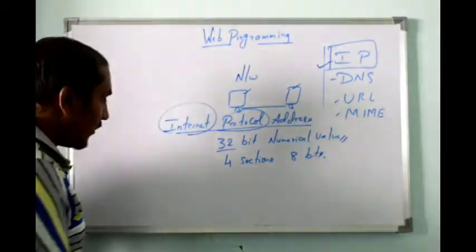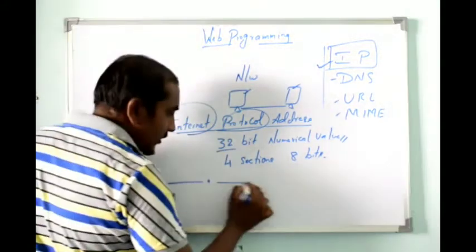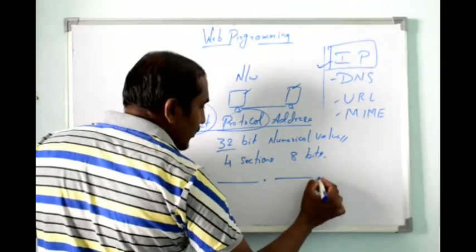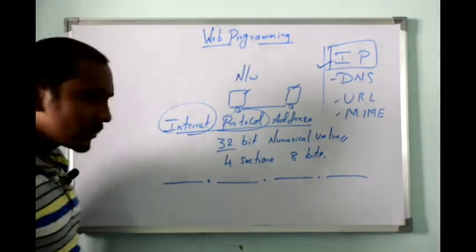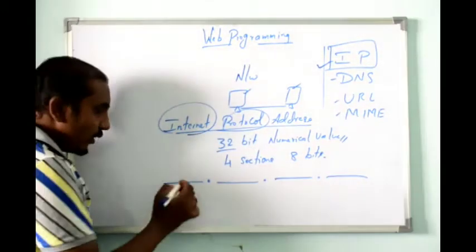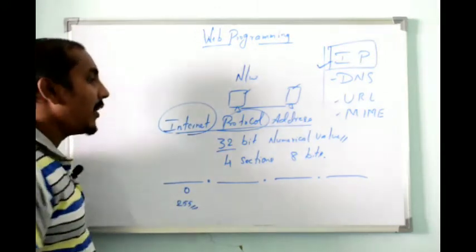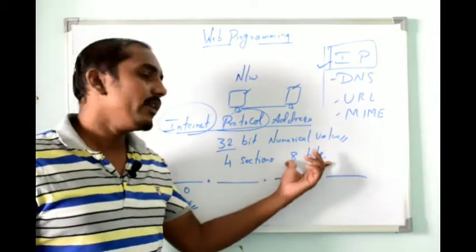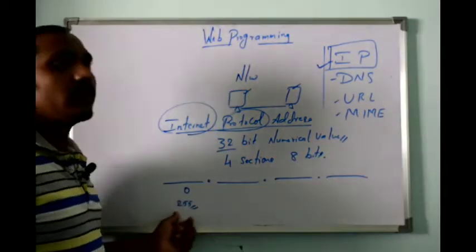That is, I'll have the first 8 bits, followed by a dot, the next 8 bits, a dot, the next 8 bits, a dot, and then the next 8 bits. This 8-bit value will range from 0 to 255. In the sense, by using 8 bits, I can represent a value from 0 to 255.